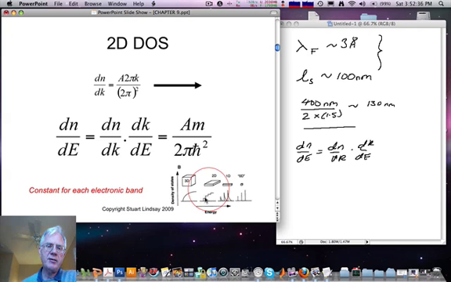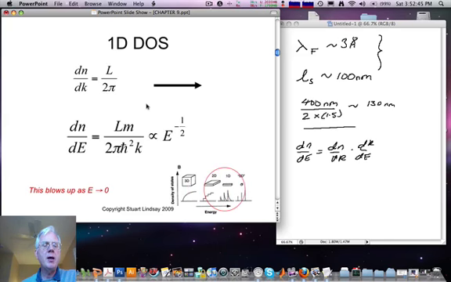This is shown by these flat plateaus here for different s, p, d and so on states of the material. In 1 dimension, we have no dependence on K at all for dN/dk, and this means therefore that dN/dE varies as 1 over the square root of E, and this gives rise to these singularities here at the bottom of bands as E for that band goes to 0.